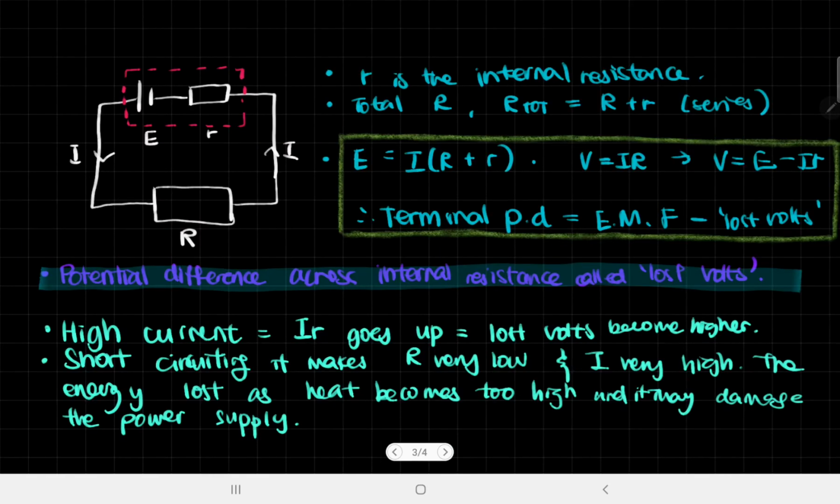So we can represent it like this right here, where if this whole thing was the battery, just picture that this is actually a battery, and we've divided it into the cell part and then the resistance part. It has two functions.